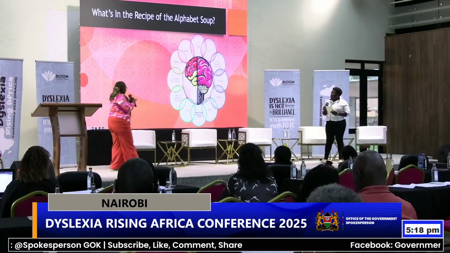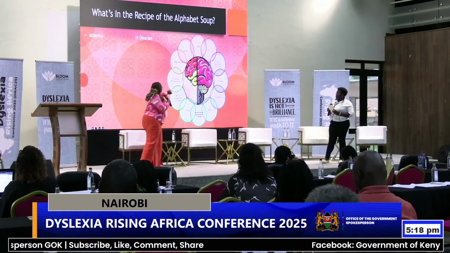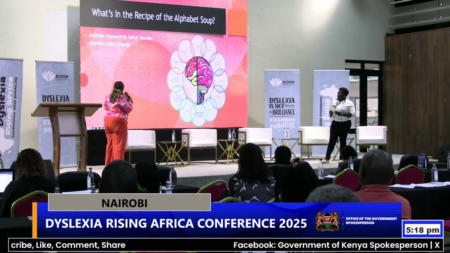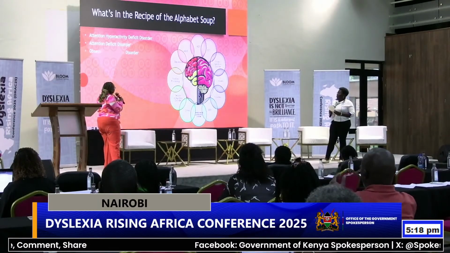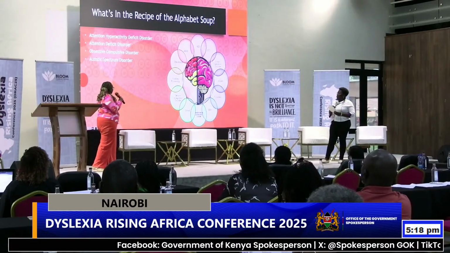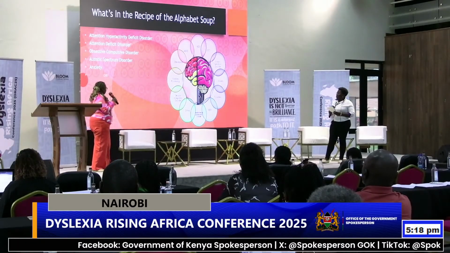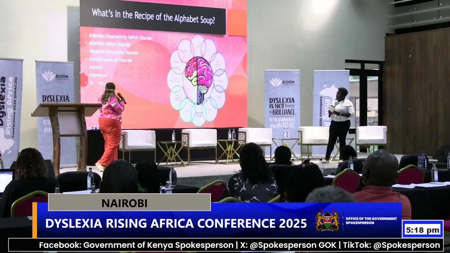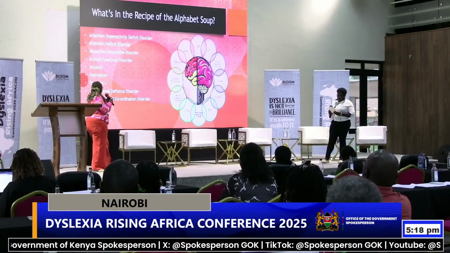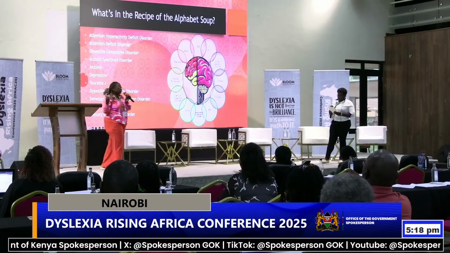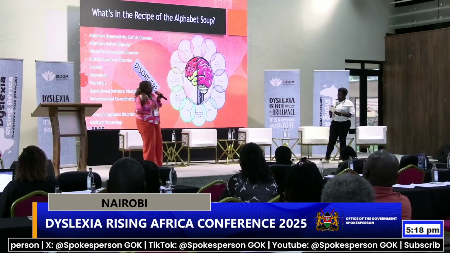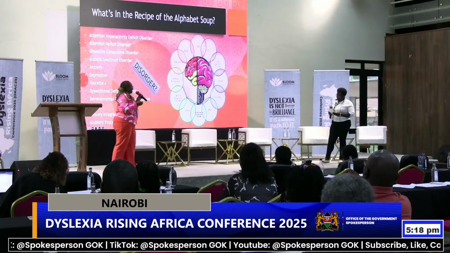So these are a good amount of the types of neurodiversities here. We talk about ADHD, attention deficit hyperactivity disorder, obsessive compulsive disorder, autism, anxiety, Tourette's, gifted, depression, auditory processing, and what's not listed on here is, of course, what we're here for, which would be dyslexia, dyscalculia, dysgraphia, executive functioning.